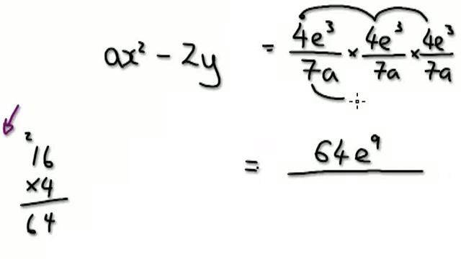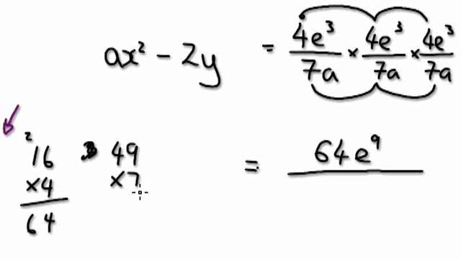Okay, and then the denominators: 7 times 7 is 49, and then times 7 again, because we're trying to get 7 times 7 times 7. So this will be 63. So 3 carried is 6. This will be 28. 28 plus 6 will be 34.